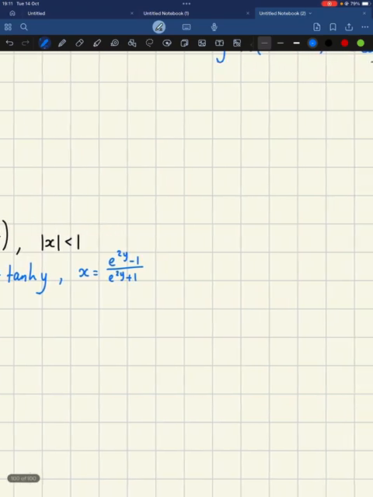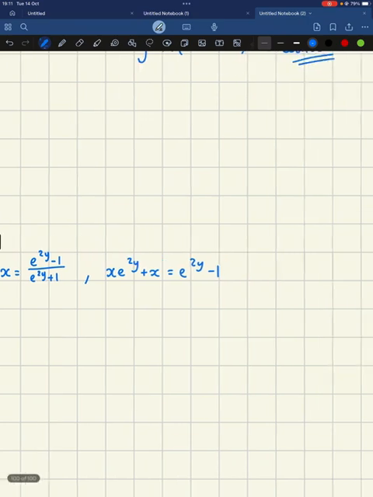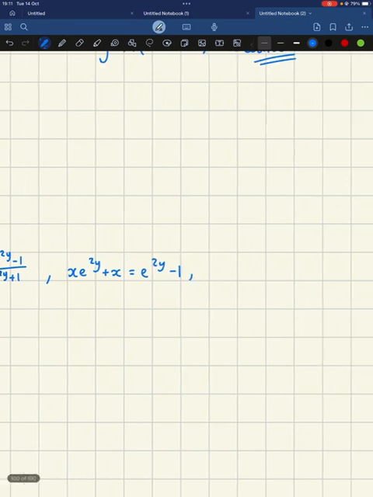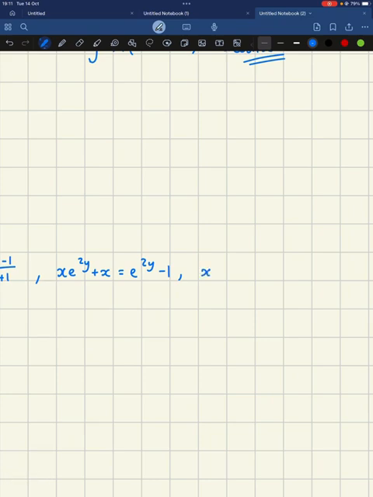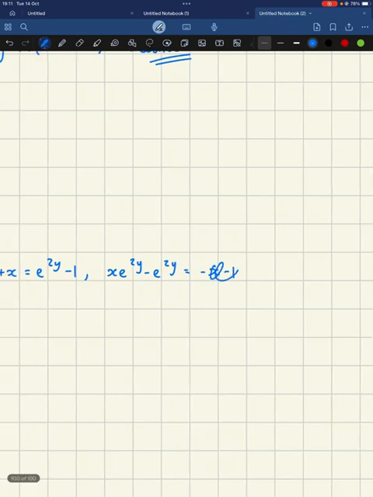We multiply by the denominator, so we get x e to the 2y plus x is equal to e to the 2y minus 1. Now let's move e to the 2y and x to different sides. So we get x e to the 2y minus e to the 2y is equal to minus x minus 1.